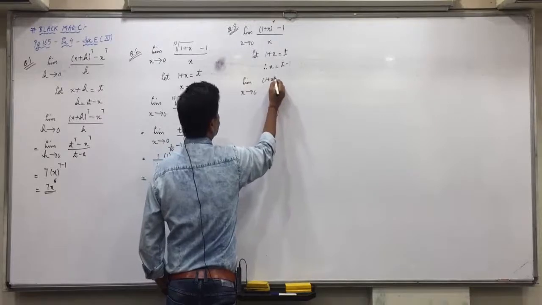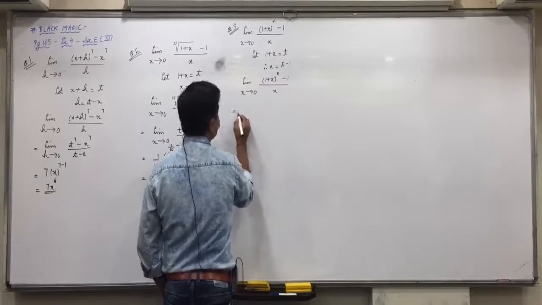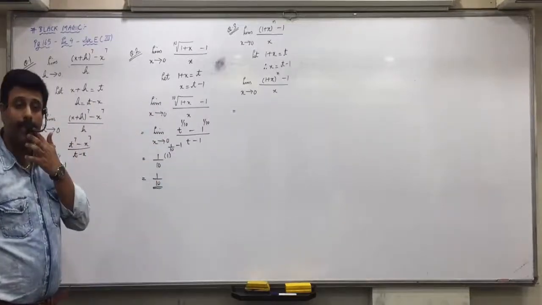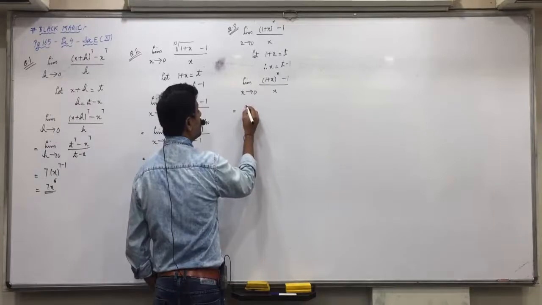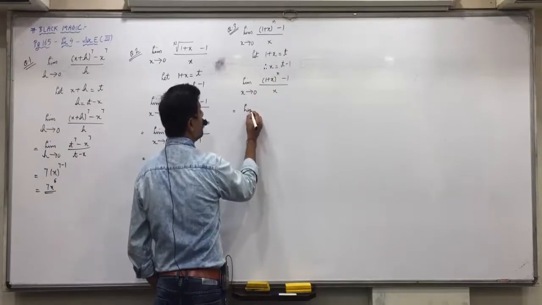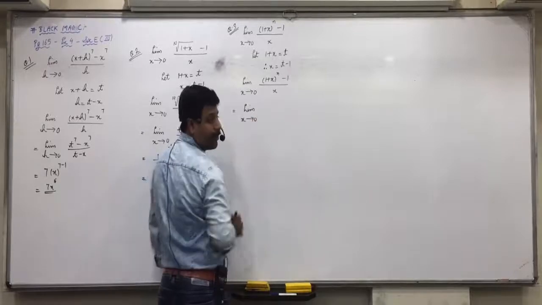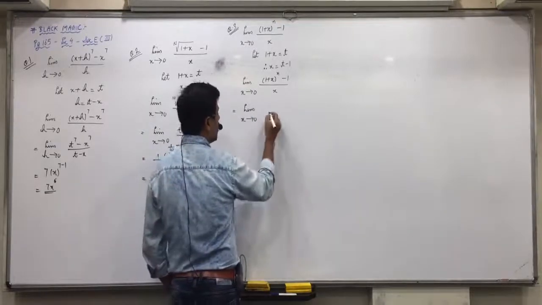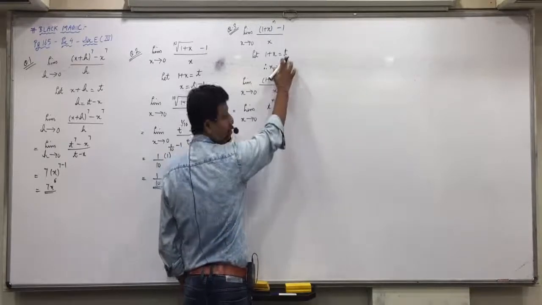Now limit x tends to 0, 1 plus x raised to n minus 1 upon x is equal to limit x tends to 0, t raised to n minus 1 upon x. First of all, 1 plus x will become t.